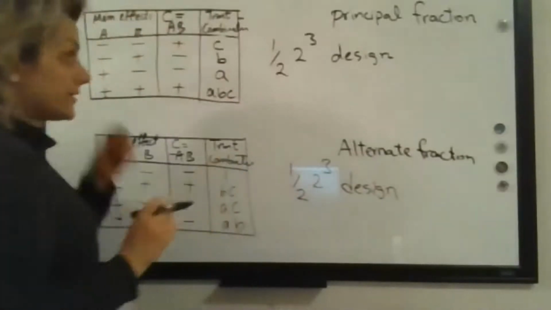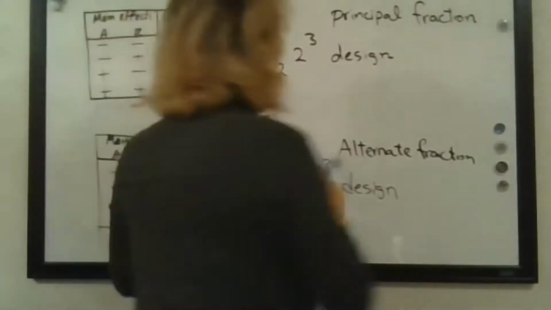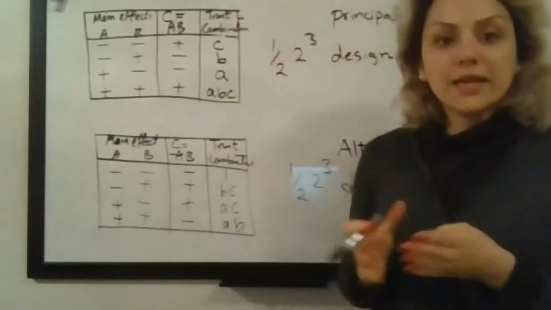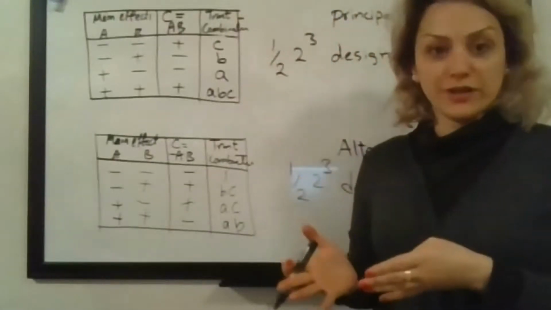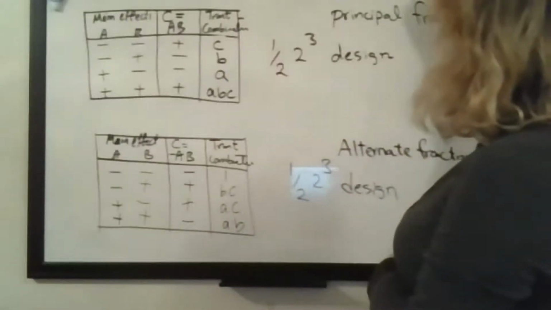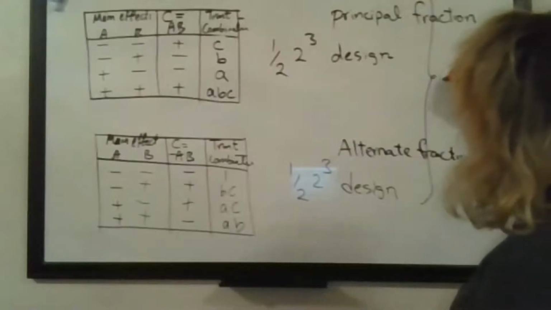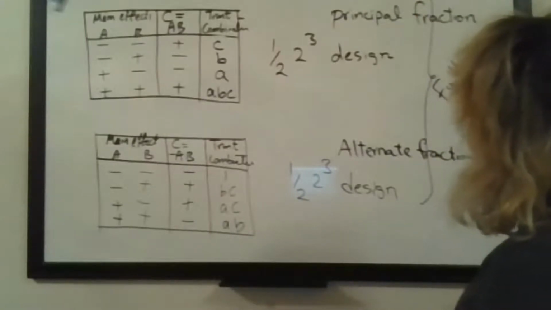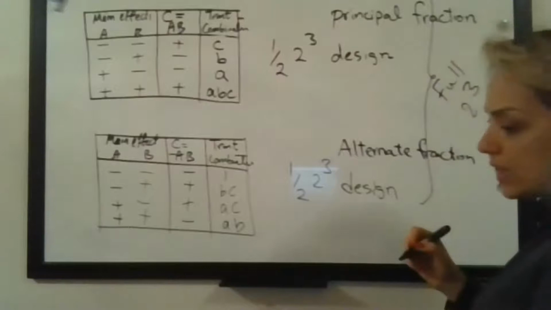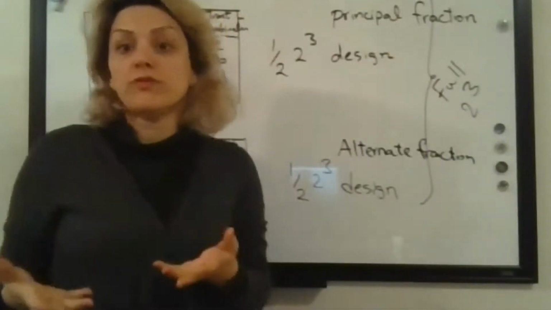Okay, so look at here. If I add this one plus this one, if I add these two, then I'm going to have the full factorial. If I add this and this, I would have the full 2 power 3 factorial design.